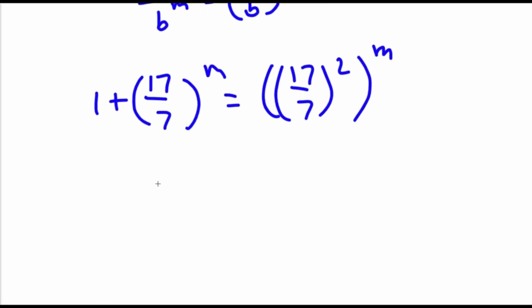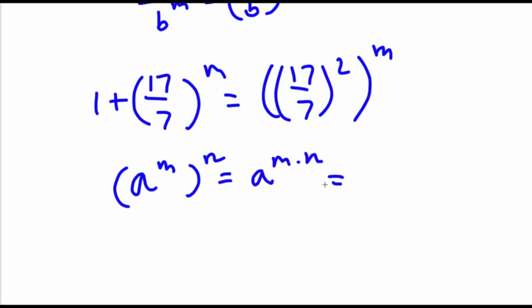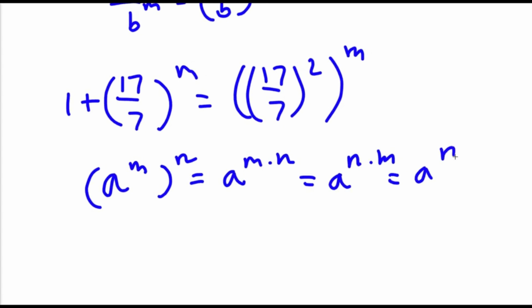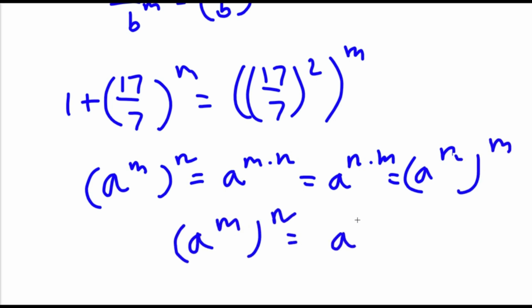Now, if I have something in the form (a to the power of m) to the power of n, this is equal to a to the power of m times n. And a to the power of m times n and a to the power of n times m are interchangeable, meaning I could rewrite this as a to the power of n times m. And this means that (a to the power of m) to the power of n is equal to (a to the power of n) to the power of m.